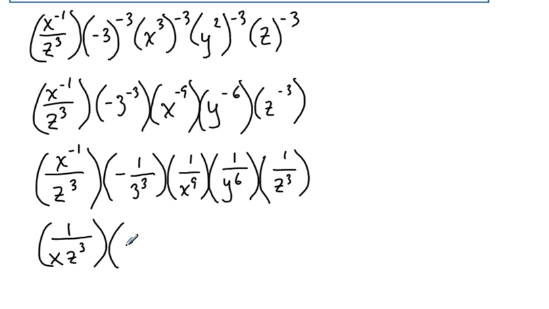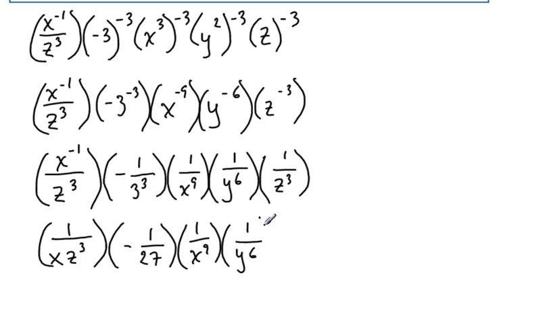We have a negative here. 1 over 3 to the third is 27. And we still have the rest of our terms. 1 over x to the ninth, 1 over y to the sixth, and 1 over z to the third.